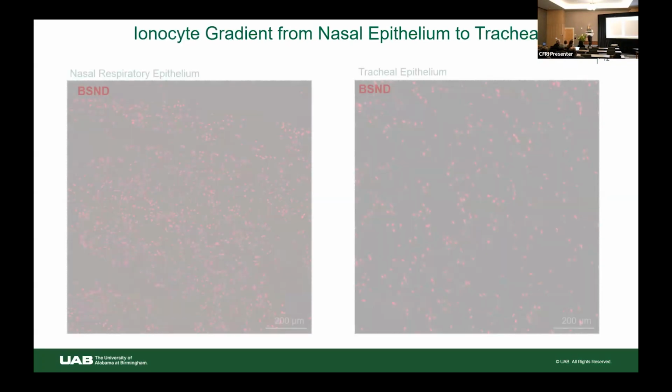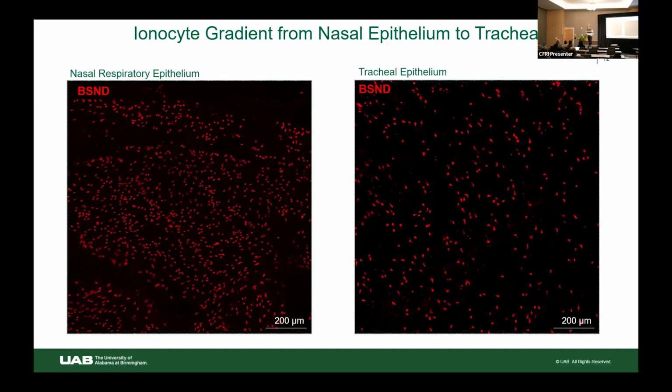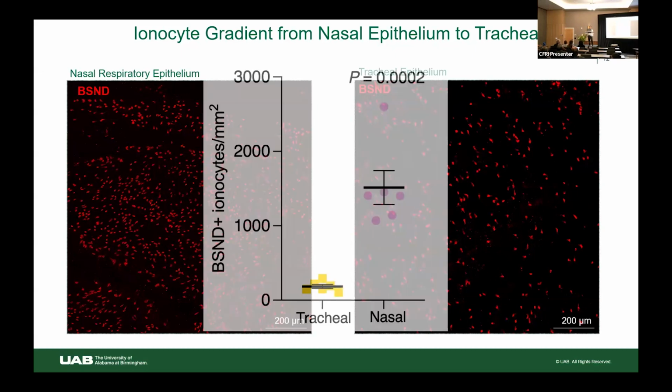Next, we made a comparison between nasal respiratory epithelium and the tracheal epithelium on the pulmonary ionocyte numbers. So as you can see in the image, the nasal respiratory epithelium showed much higher ionocyte numbers when compared to trachea. Then we moved to quantification.